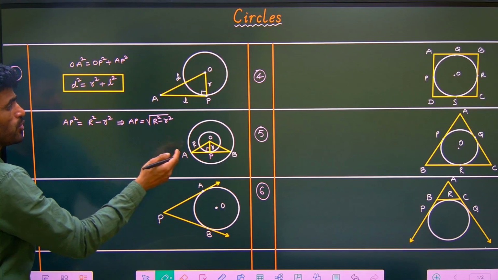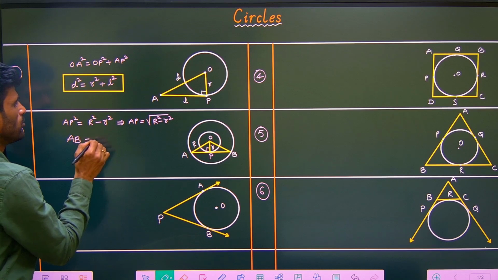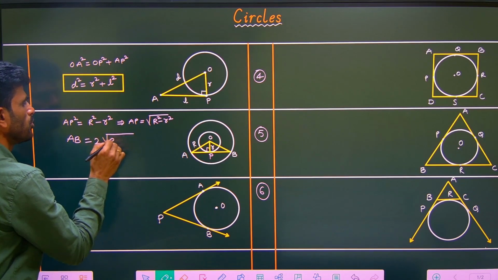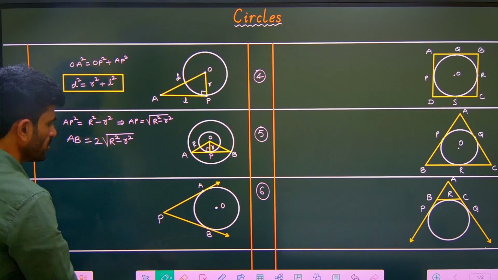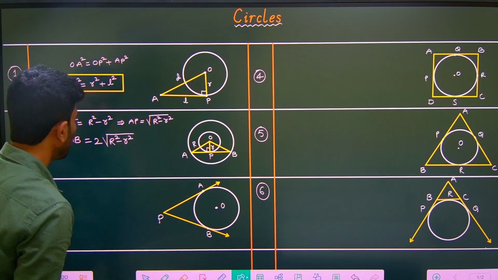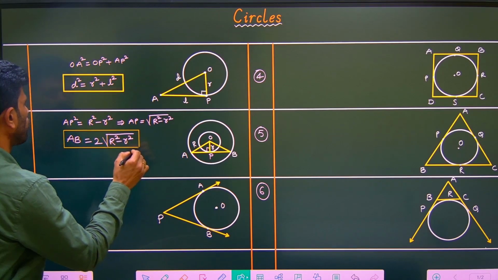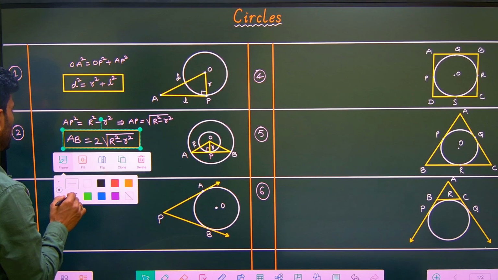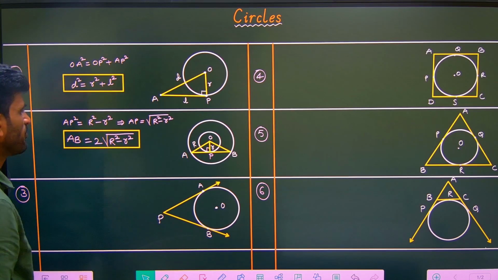AB is 2 times AP, so AB is equal to 2 times root of capital R square minus small r square. If you know the radius of the bigger circle and the radius of the smaller circle, then by using this formula directly you can find the length of the chord. Hope you understood the second formula also.